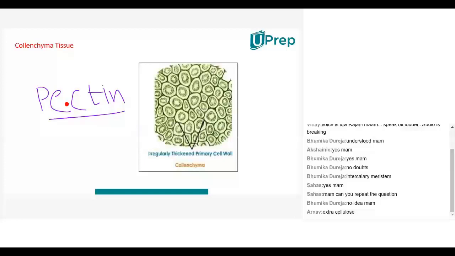Because of the pectin solubilization, you get a soft texture to the fruit. Now, I'll give you a question. Why even after ripening of guava fruit, will it still have a hard texture? What could be the reason?